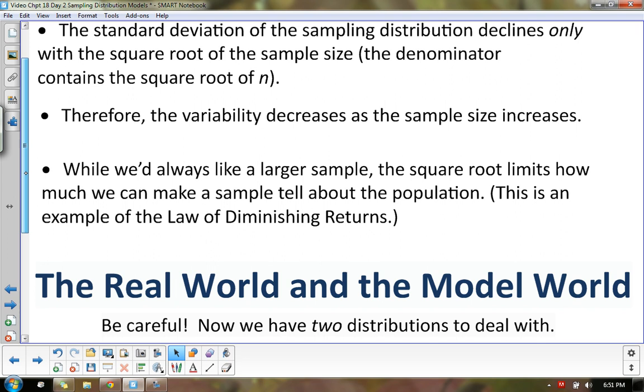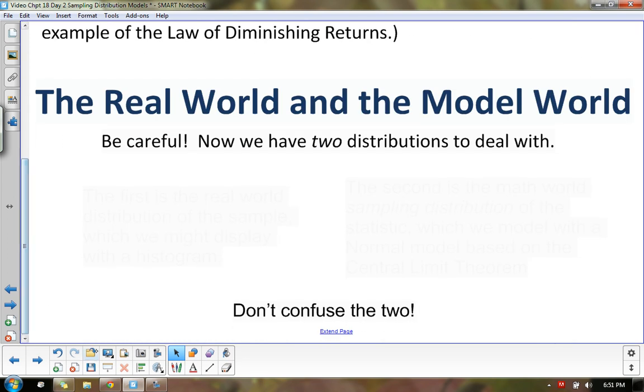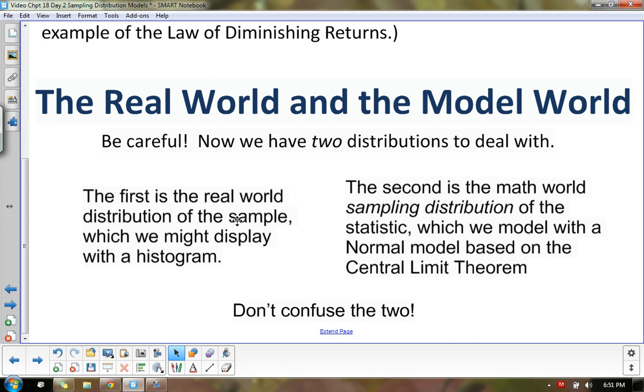If not, don't worry too much. This is what I want you to worry about. We have two distributions again. Okay? This should be a little bit repetitive here. What we're talking about is the real world, the distribution of the sample, which we might display with a histogram. The second is the math world, the sampling distribution.